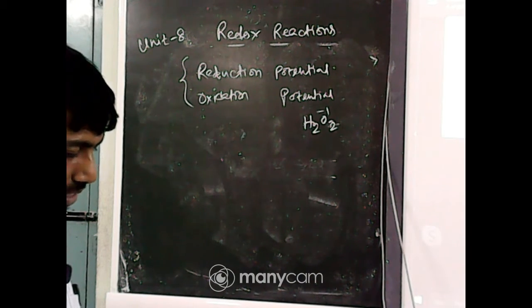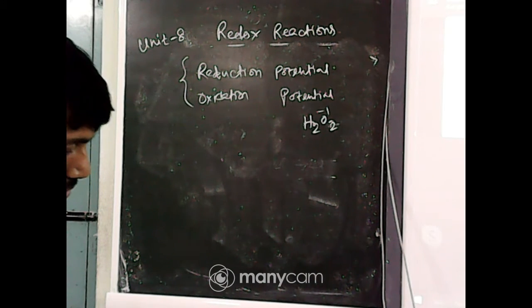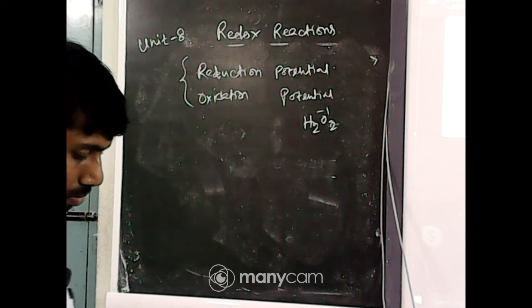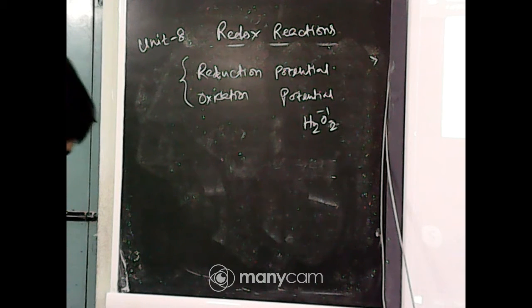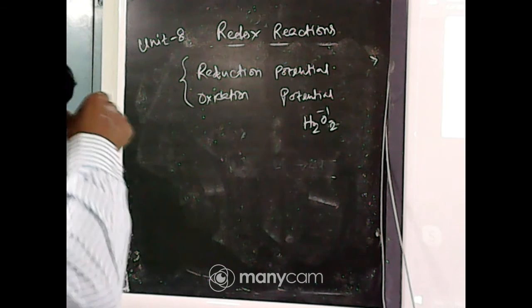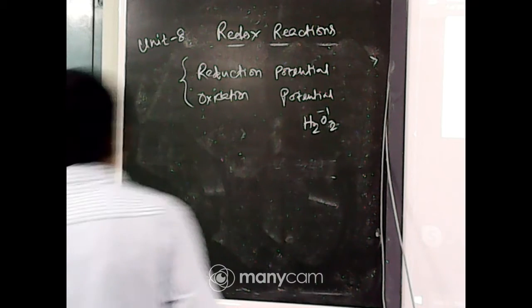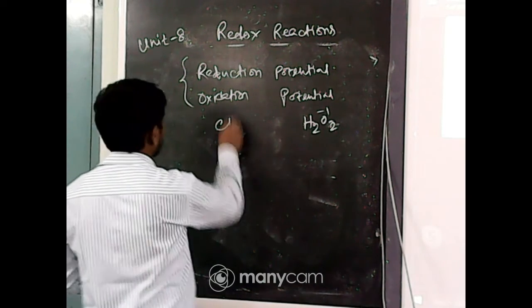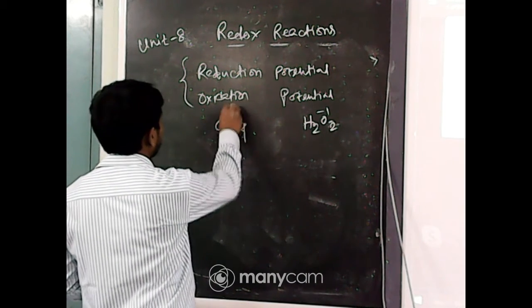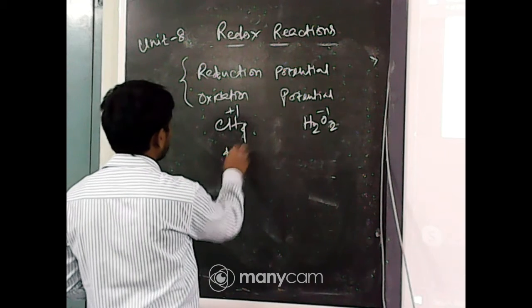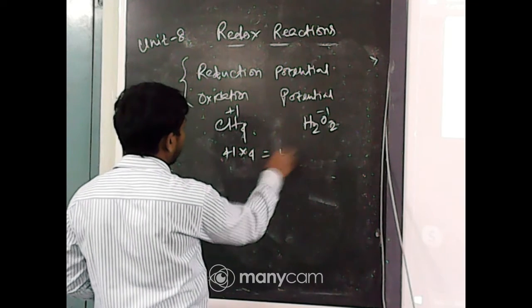And for example, CH4 and H2SO4. In CH4, a neutral molecule, the sum of the oxidation numbers of all the elements is 0. Hydrogen has +1, so +1 into 4, that is +4.